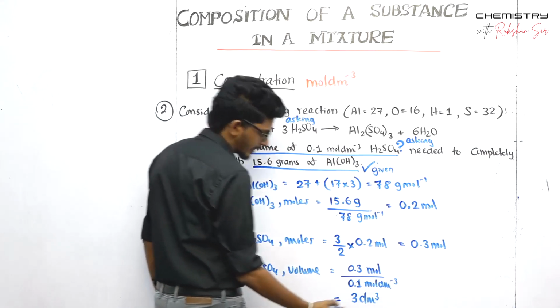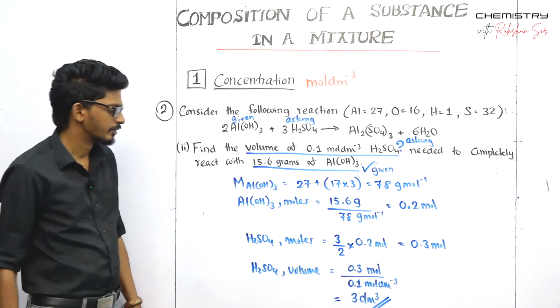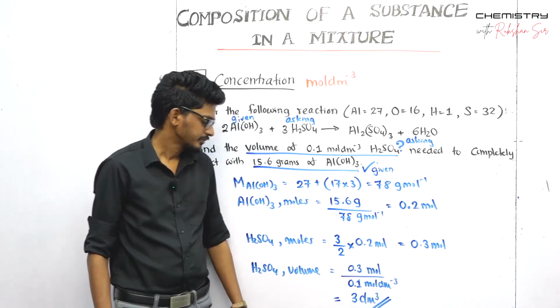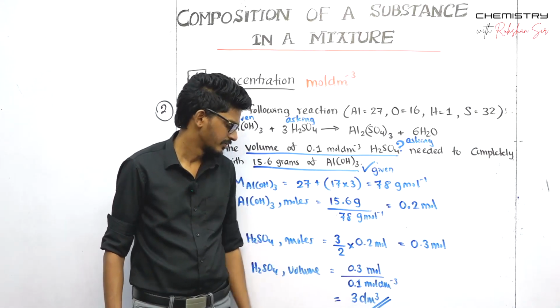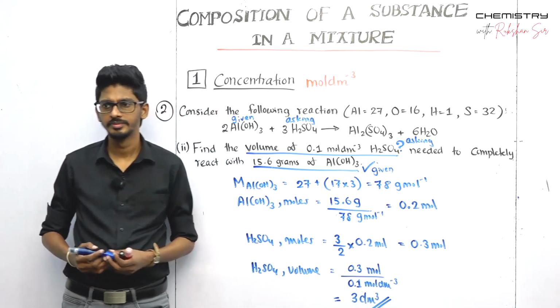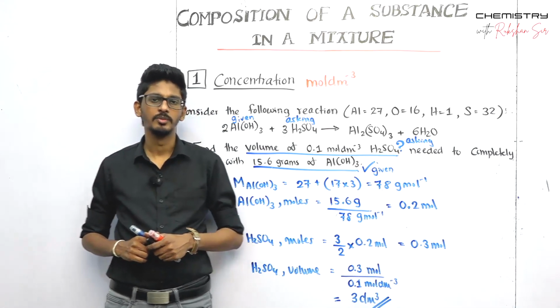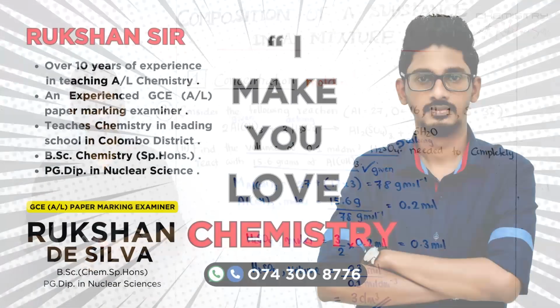One can also write it as 3000 centimeter cubes. That is all about Roman number 2 of your second question.